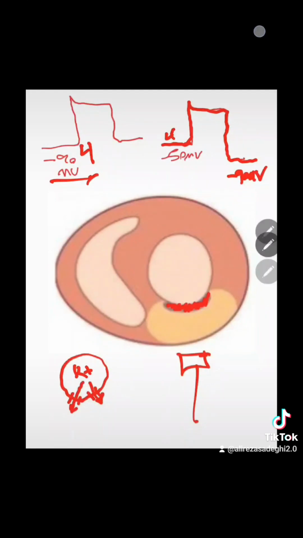So what happens here is that, let's say you have these cardiac cells right here that are becoming prematurely more positive. Well, they're going to prematurely depolarize the cardiac cells that are around them.